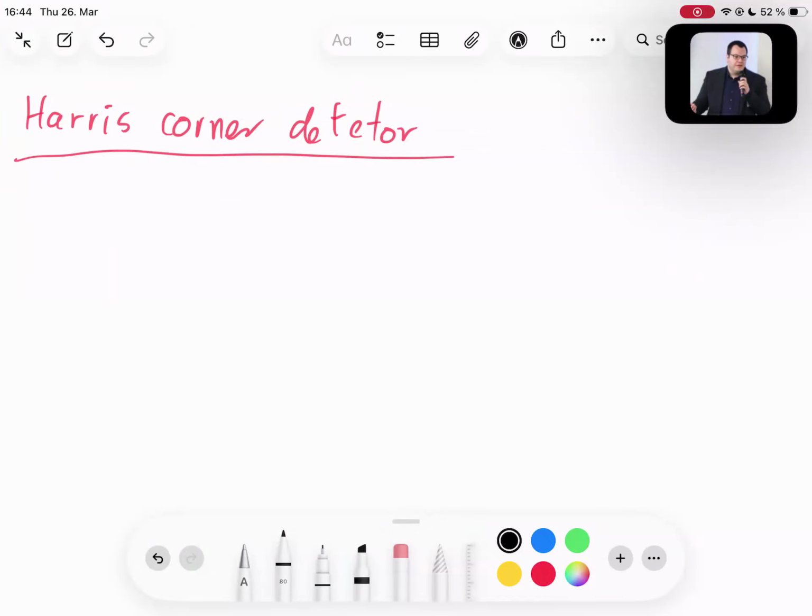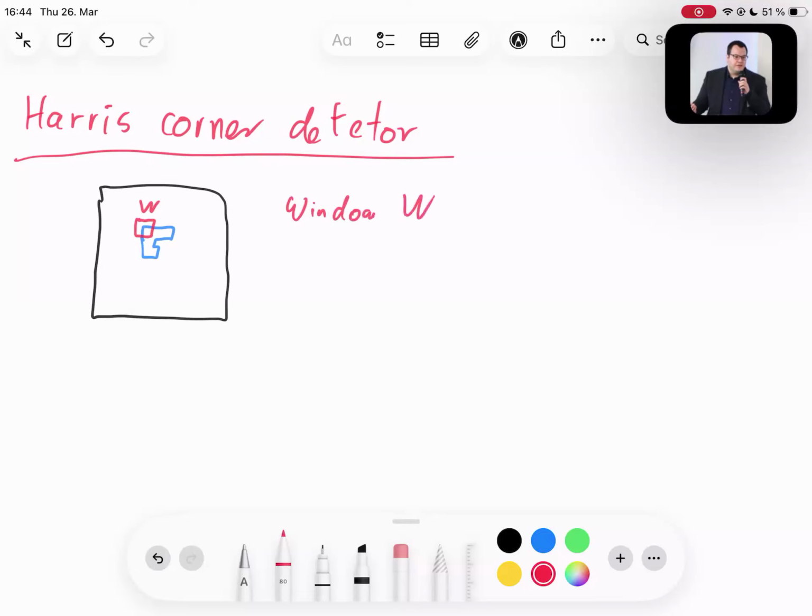And so the Harris corner detector does the following. Imagine I have my image, and there is some object, say in blue, and then I have a small window that I call W, so big W for now. And this is a small window, W, that can be shifted.